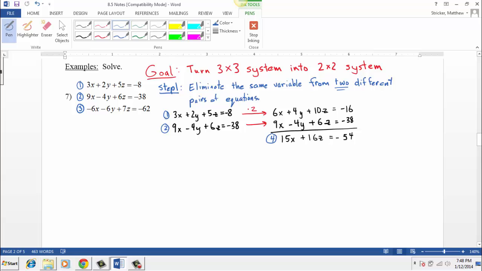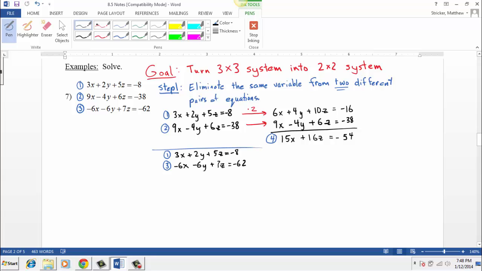Now in step 1, notice I said eliminate the same variable from 2 different pairs of equations. So let's now, instead of using equations 1 and 2, let's use equations 1 and 3. 3x plus 2y plus 5z equals negative 8, and equation 3 is negative 6x minus 6y plus 7z equals negative 62.